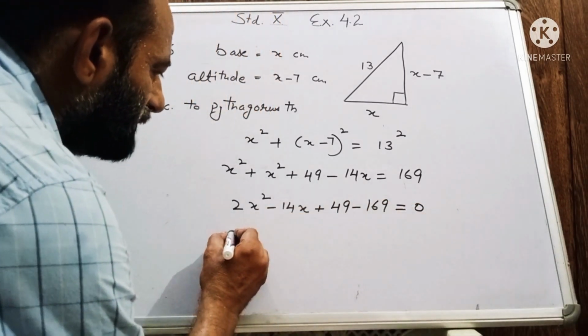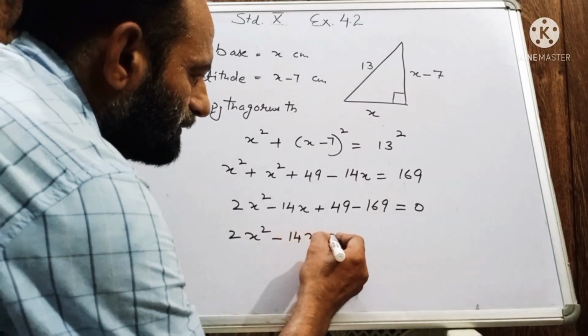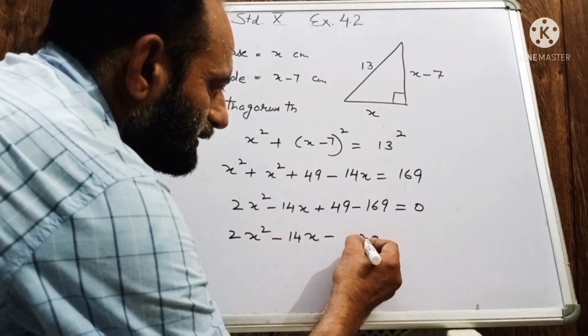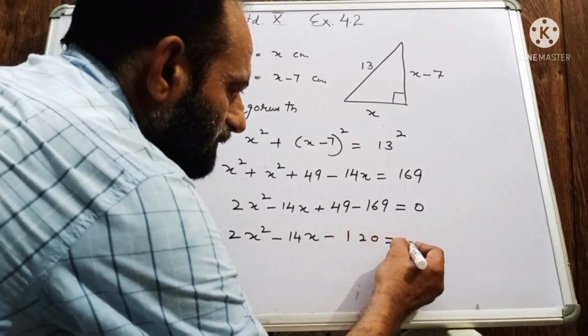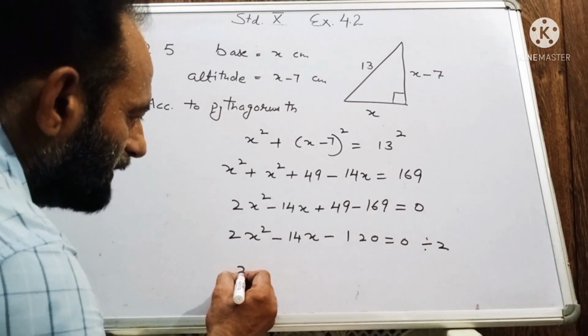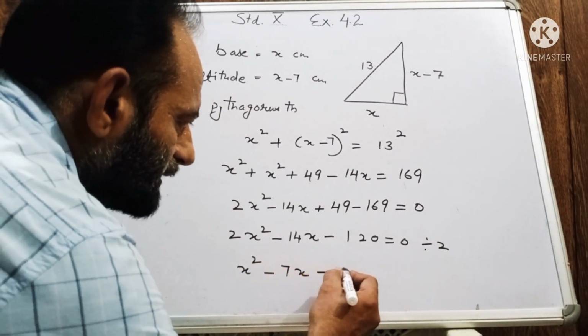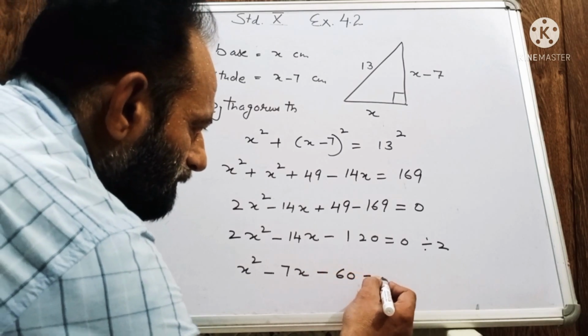So this equation will become 2x square minus 14x minus 120 is equal to 0. Divide this equation by 2 to simplify. It becomes x square minus 7x minus 60 is equal to 0.